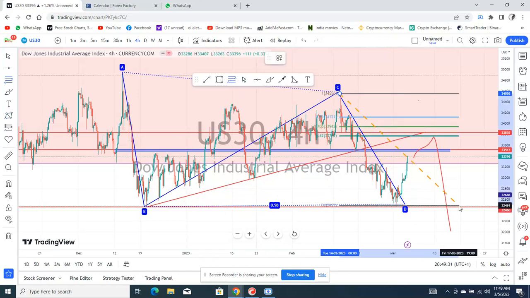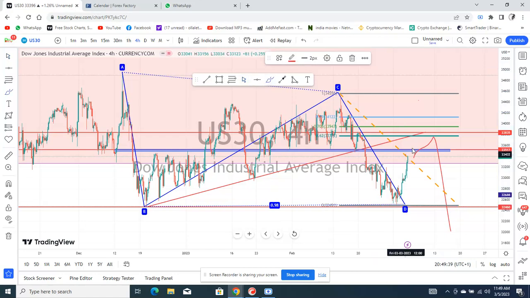I put it here again. Definitely this is not yet ready to sell when I come back to this level before I finally sell. But my own bias now is that this US30 is a sell, it's on a sell movement.